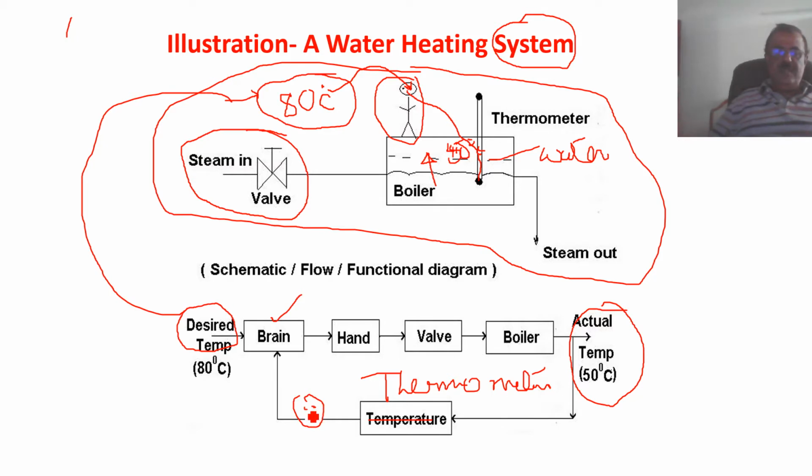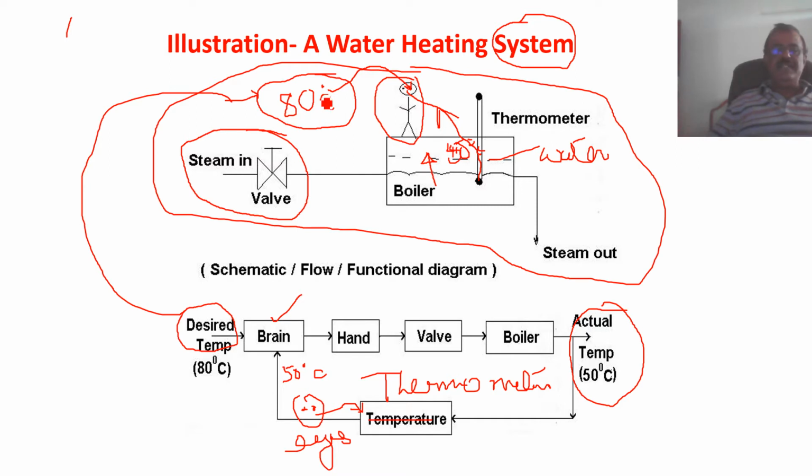When the observer looks at the thermometer, his eyes will read the value, and that value is 50 degrees Celsius. Correct? He reads this information. It will go here.